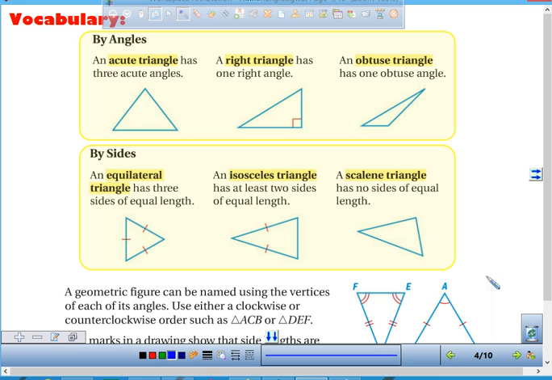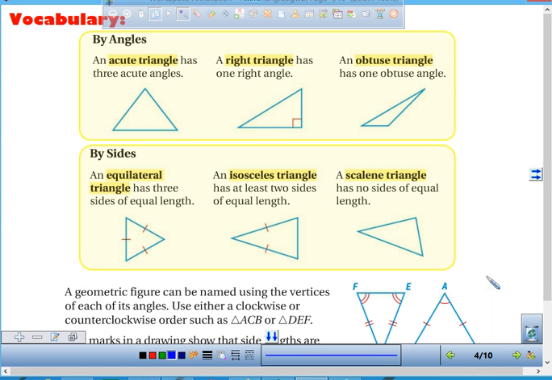If it has one angle that equals 90 degrees, it's called a right triangle. And if it has one angle that is more than 90 degrees, obtuse triangle. Why can't it have more than one angle that is more than 90 degrees?